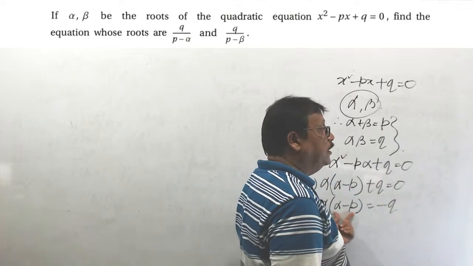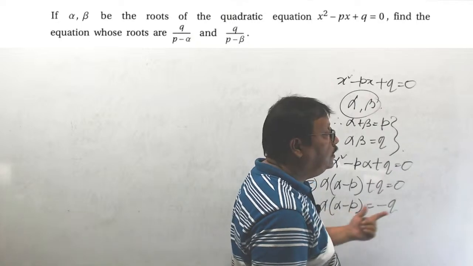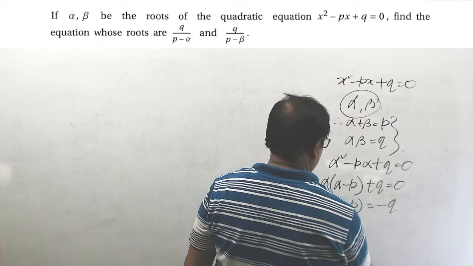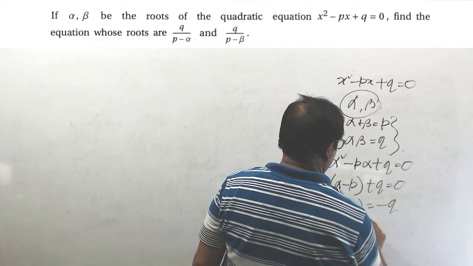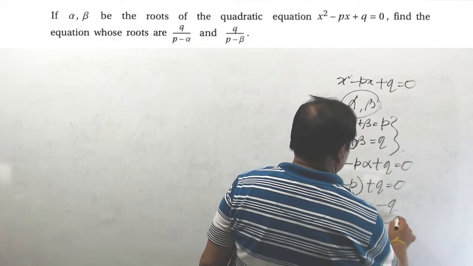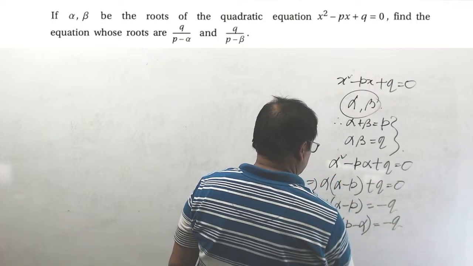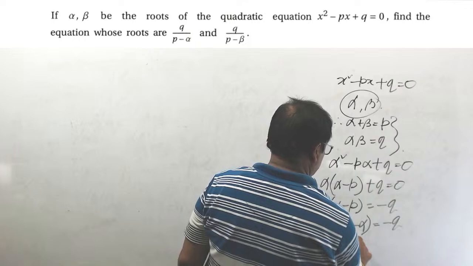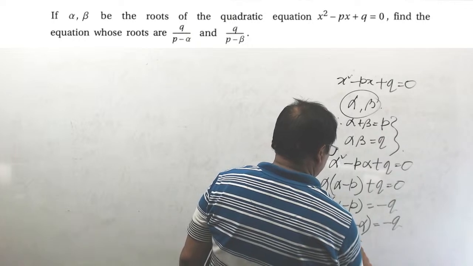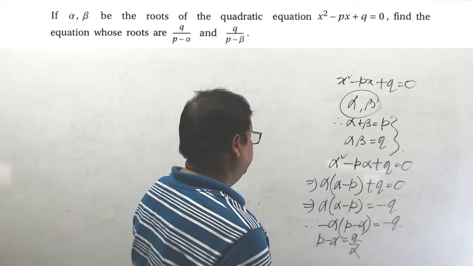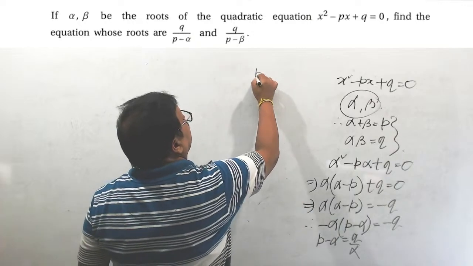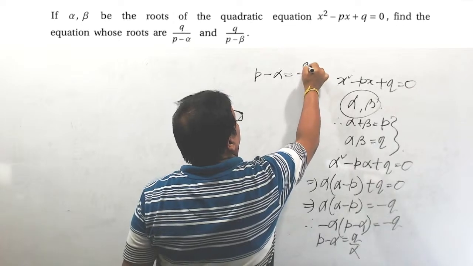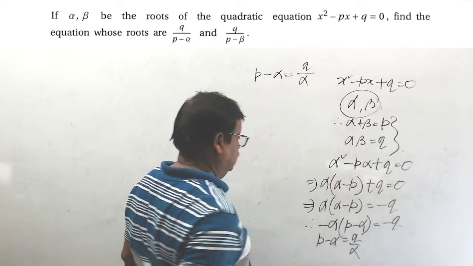Here alpha minus p, but in the equation p minus alpha. Therefore, minus alpha into p minus alpha is equal to minus q. Understood? That is p minus alpha is equal to q by alpha. I am writing p minus alpha is equal to q by alpha.